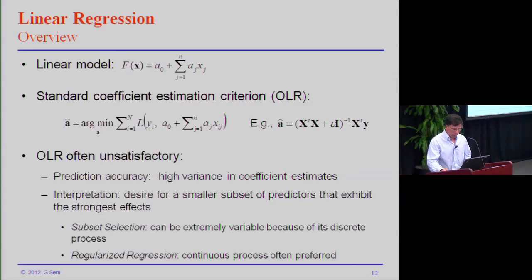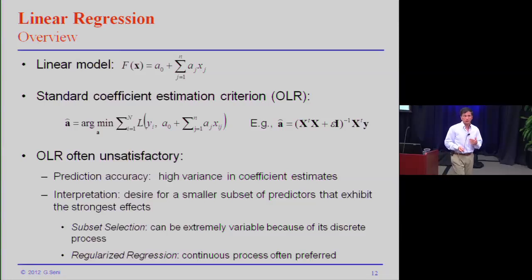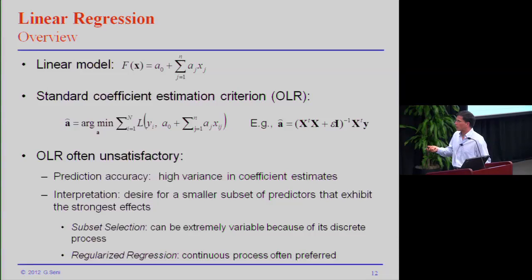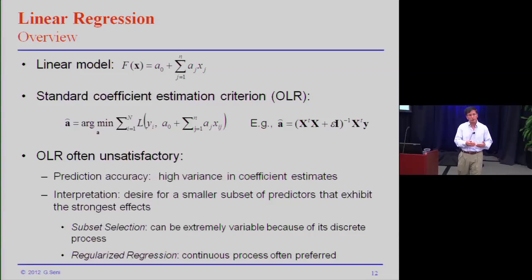Two common approaches to improving over the OLS solutions are subset selection and regularized regression. And regularized regression is often preferred because it's a continuous process.